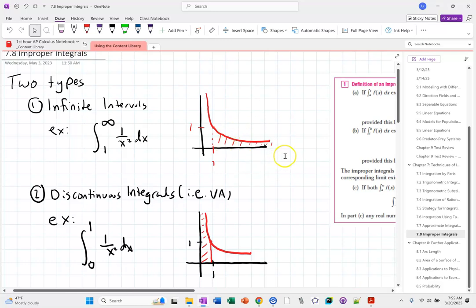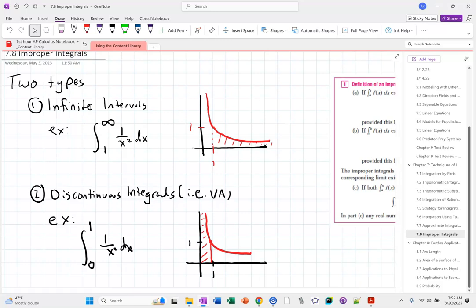That curve goes on forever. How am I going to calculate that area if the end of the figure never ends? Or if I go from 0 to 1, where you're at an asymptote, that's still an infinite area to try to compute. So there are 2 different types of these improper integrals.